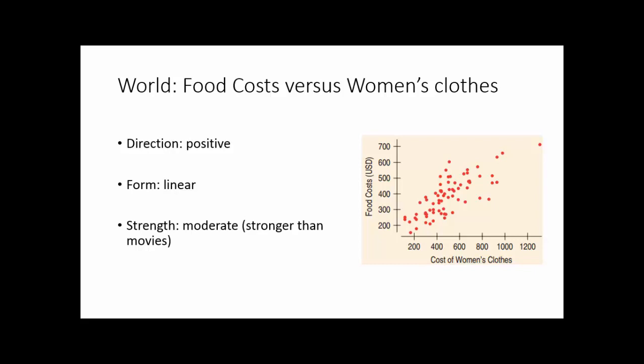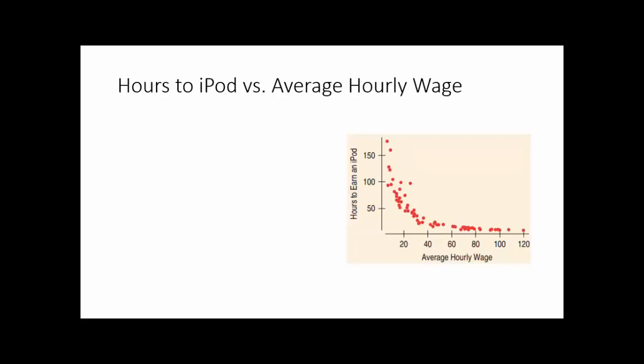So we'll just skip it. Okay. Here's another interesting plot of the same data set where I have the average hourly wage for that country, versus the hours to earn an iPod, the hours of work you have to put in to get an iPod.